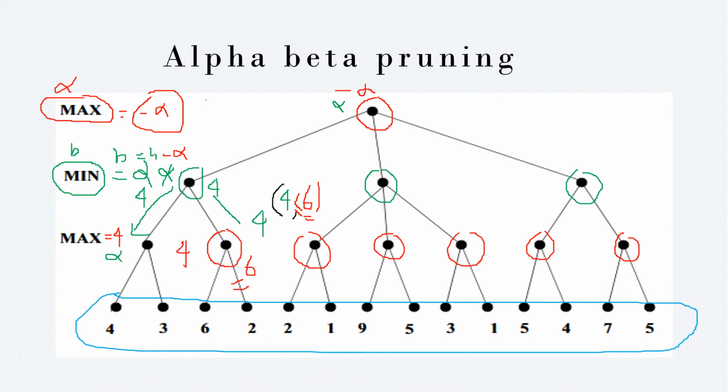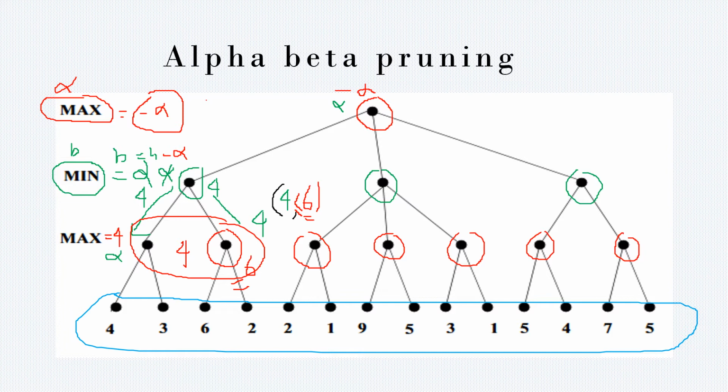There is no need to search these nodes, because at the top this level is Max and above it is Min, so whenever Max at this node gets a greater value than alpha.